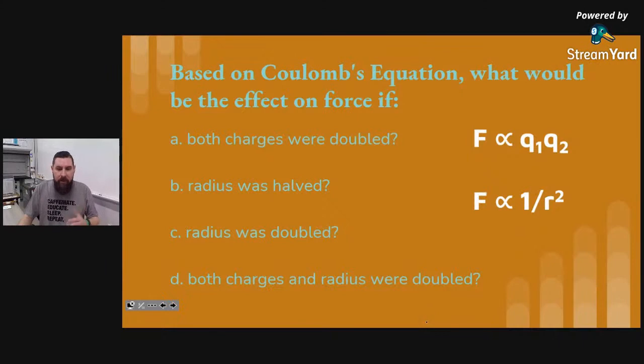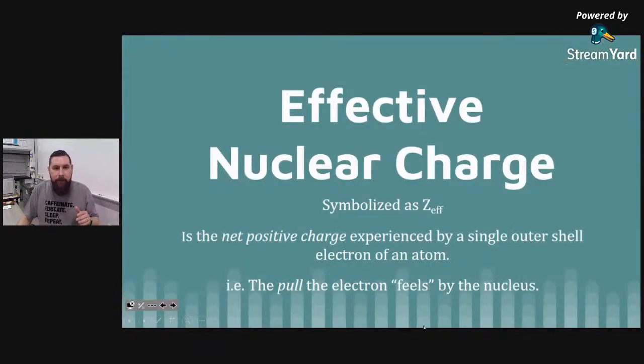which brings up now the idea of effective nuclear charge. So Coulomb's law allows us to measure or calculate what that attractive force is. The way that we then talk about that attractive force in general terms is through effective nuclear charge.